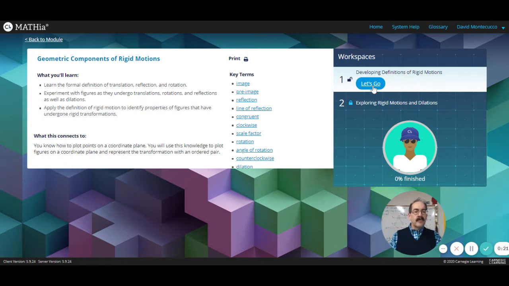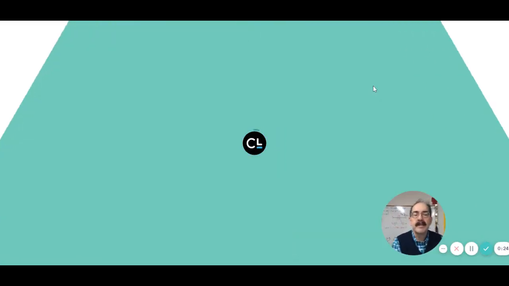Developing definitions of rigid motions. Let's see what that means.